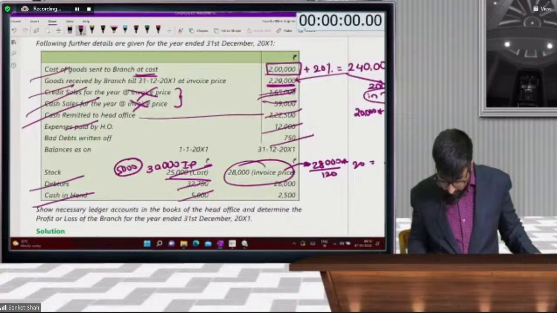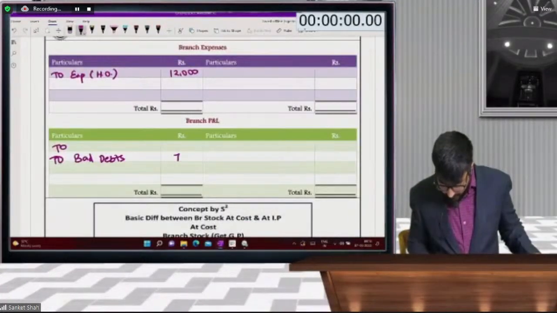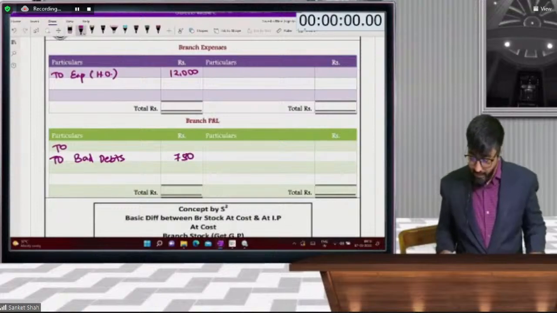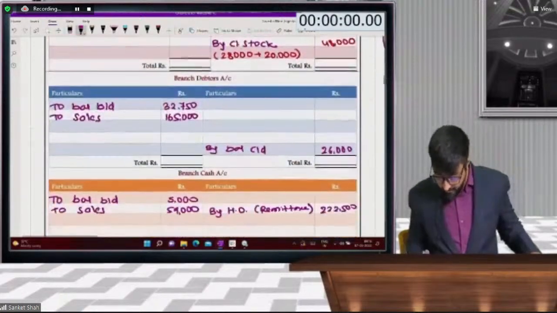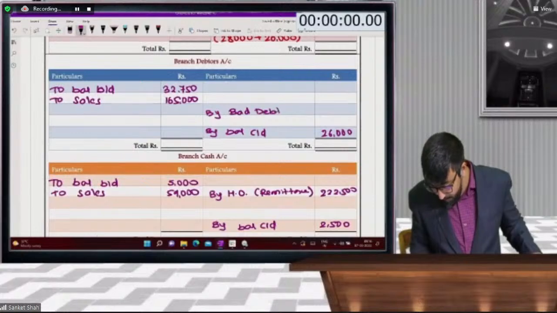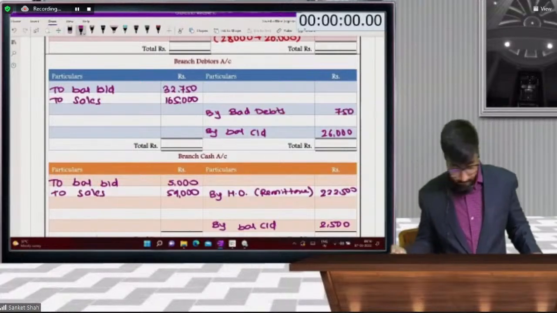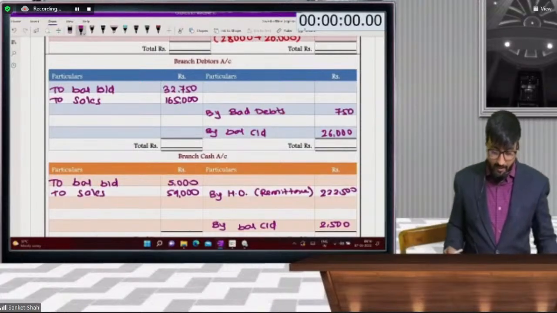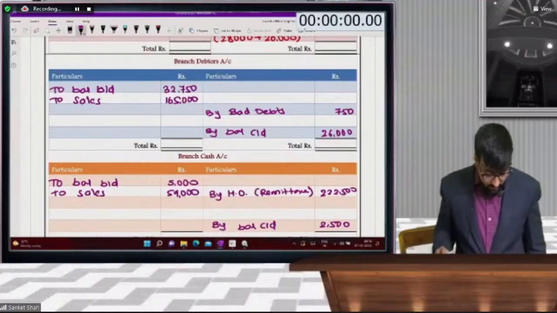Now last adjustment. Bad debts is 750, I think. 750. And second effect, debtors check credit la, third line. By bad debts, 750. So by bad debts, 750.